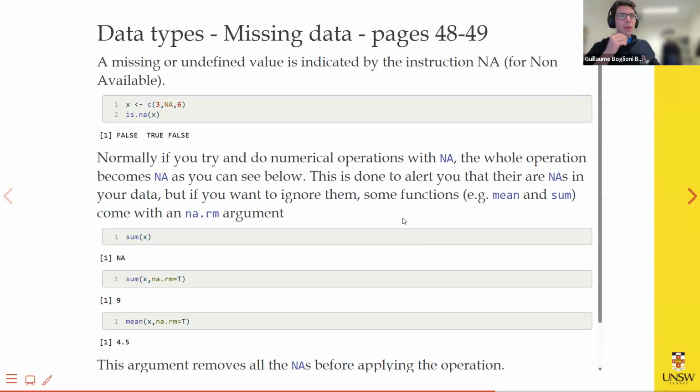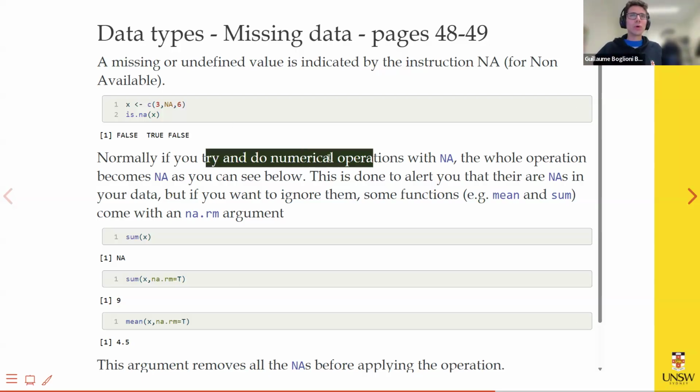I suppose we'll come back to this later, but when you analyze data in real life, very often your data sets can have missing values, which is very annoying, but you have to deal with this. You need to be aware of the possibility that you import some data into R, some of it might be NA, and then you need to deal with that.